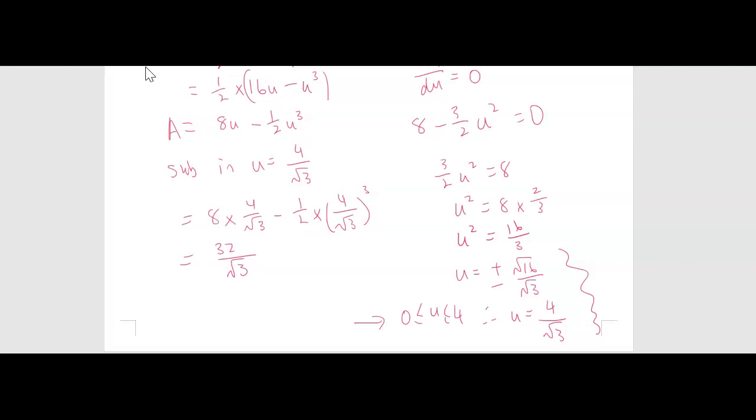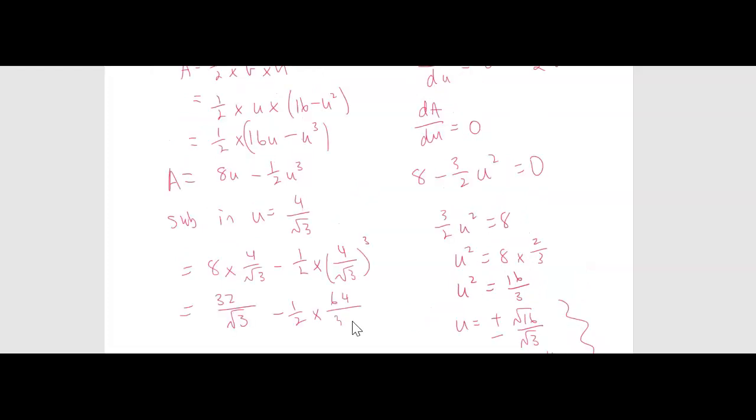Just make sure I've done that correctly. Minus a half times 4 cubed, which is 4 times 4 is 16, times 4 again is 64, over root 3 cubed.